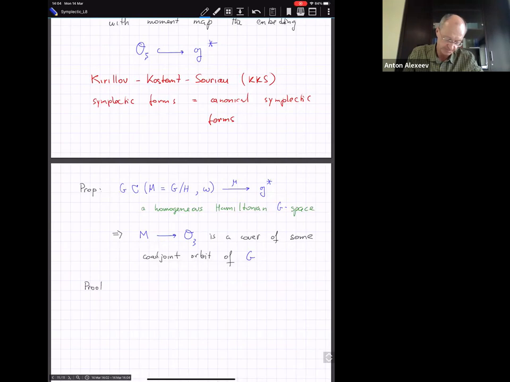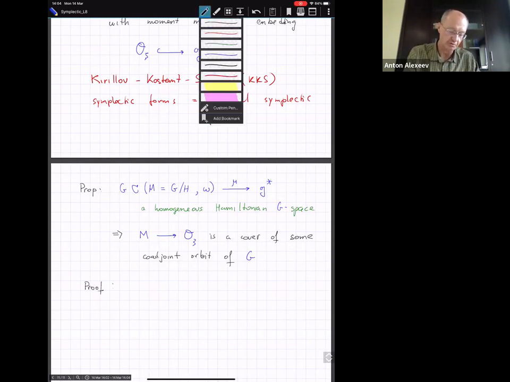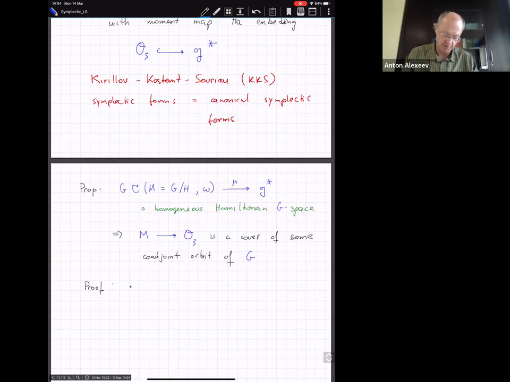So proof. First of all, the moment map is equivariant. Right?